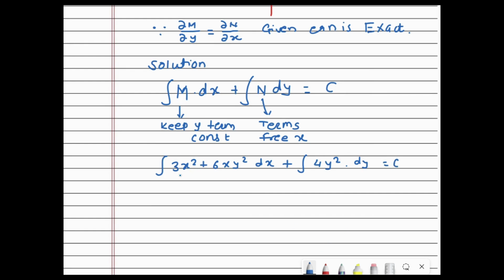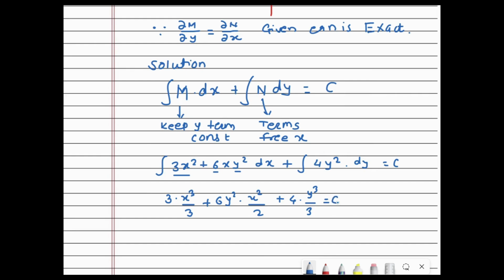Now integrate this 3x square. Integration, 3 is constant. Integration of x square is x cube upon 3. Formula is, first formula x raised to n. Then here 6y square we treat it as constant, so we will keep it as it is, and integration of x is x square upon 2. Here 4 is treated as constant and integral of y square is y cube upon 3, is equal to c.